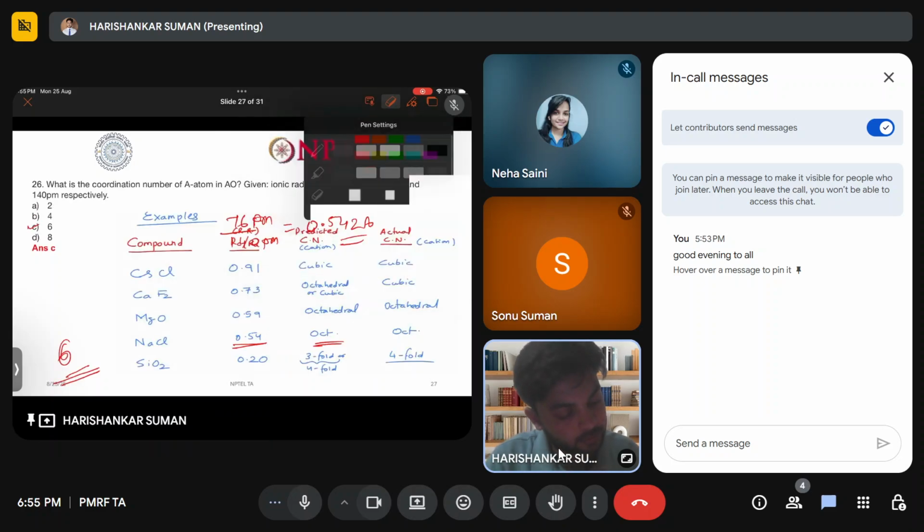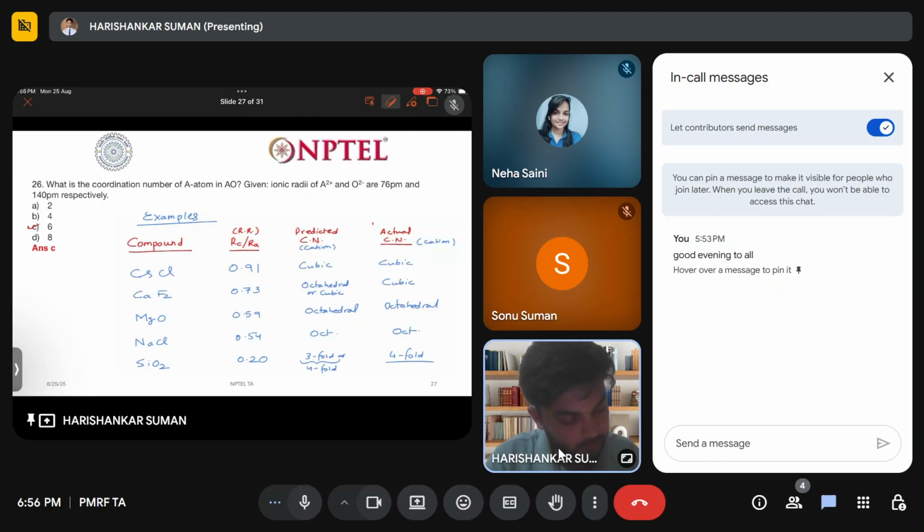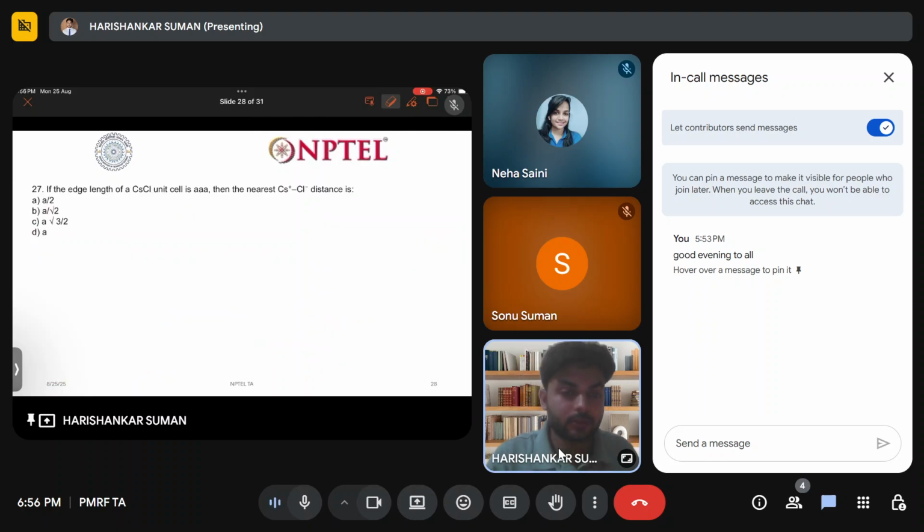Okay, next question is if the edge length of the CsCl unit cell is a, then the nearest CsCl distance is, now please find out.